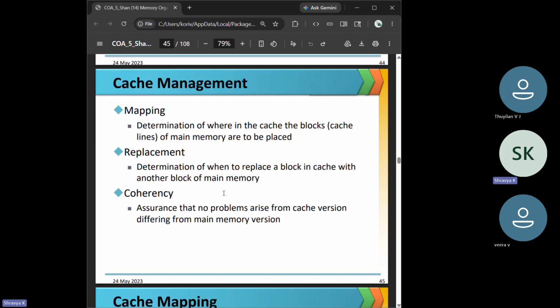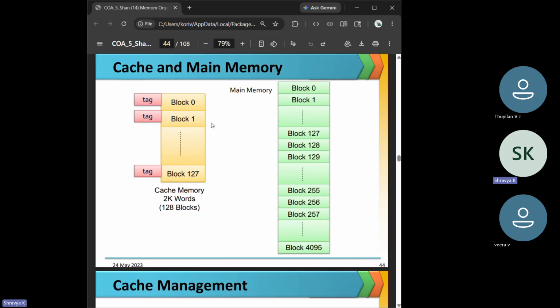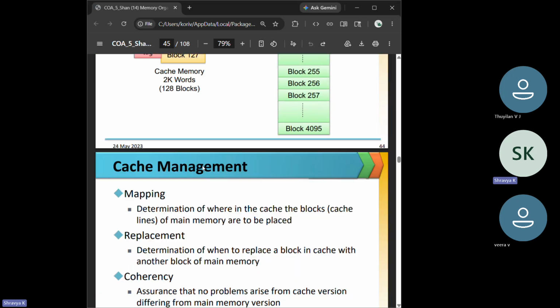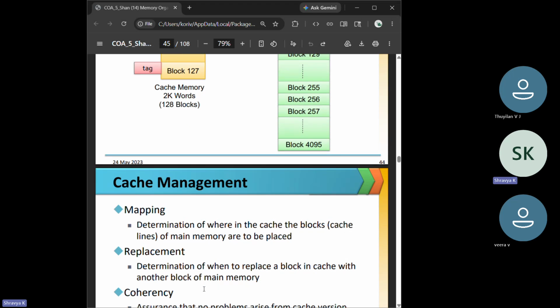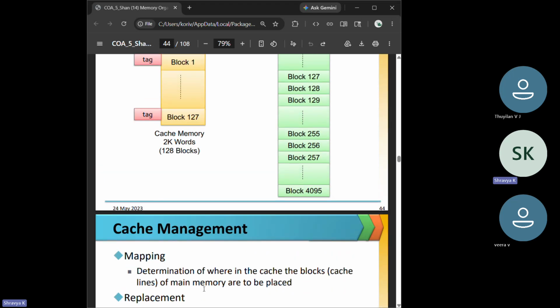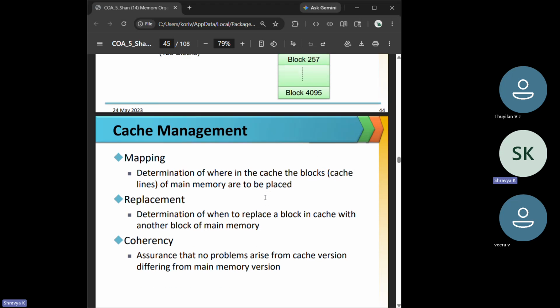The other component of cache management is replacement, which is determining when to replace a block in a cache, right? As you can see, not all the blocks will fit in the cache. At some point, you will see that the block that you require is not present. At that point, you may require a replacement of the block, and you will need a replacement algorithm to choose which block to kick out and which block to take in from the memory.